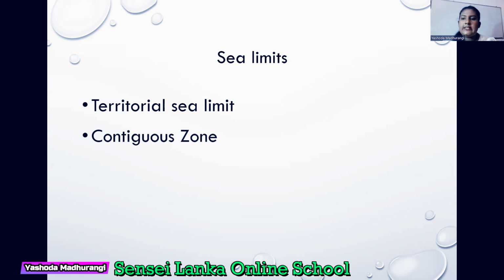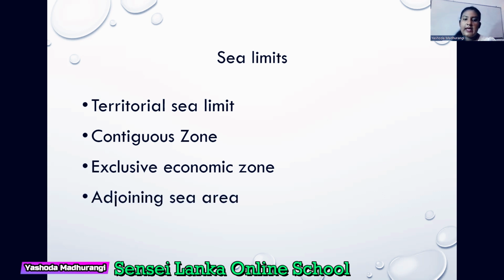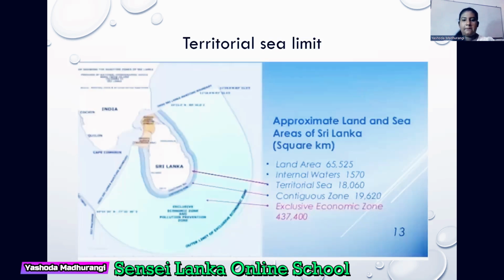Territorial sea limit is one thing. Contiguous zone is another thing. Exclusive economic zone is another thing. Adjoining sea area is another thing. So we are going to learn what is the territorial sea limit, the contiguous zone, the exclusive economic zone, and the adjoining sea area.